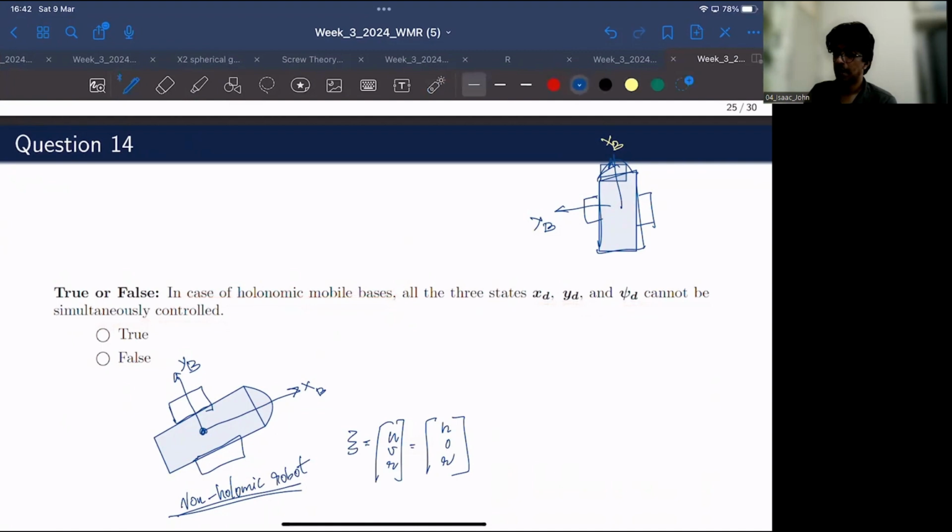That is actually false, because you know for a fact that holonomic robots, for example mecanum wheel robots and omni wheel robots, and even the servo drive robots that we have seen in week 2, can realize all three coordinates XD, YD, and PSID independently and simultaneously. So that makes this statement false.